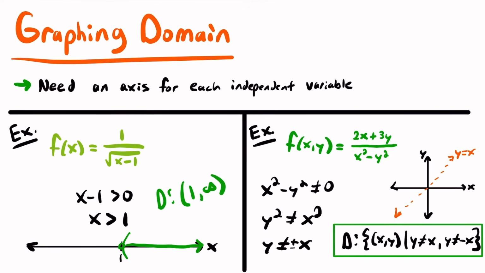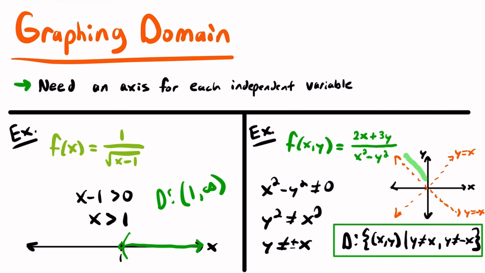I'm drawing it as a dotted line because we're not going to be including it in the domain. And then y equals negative x would just be the opposite of that. It's a line that cuts through the origin with a slope of -1. All right, that's y equals negative x. And so then, to finalize the graph of the domain, I just like to shade in all the points that would be included, which is everything that is not these two lines.